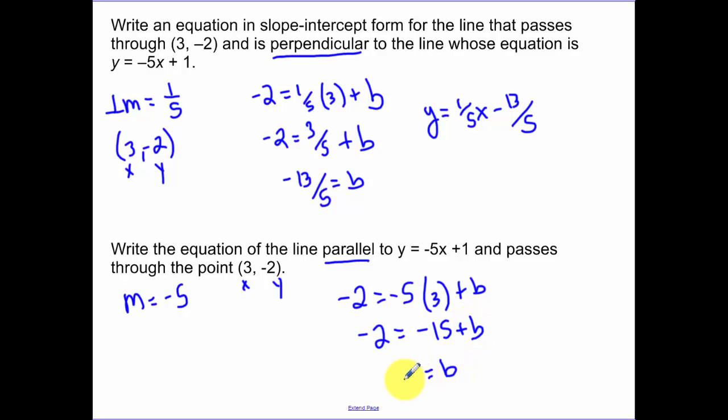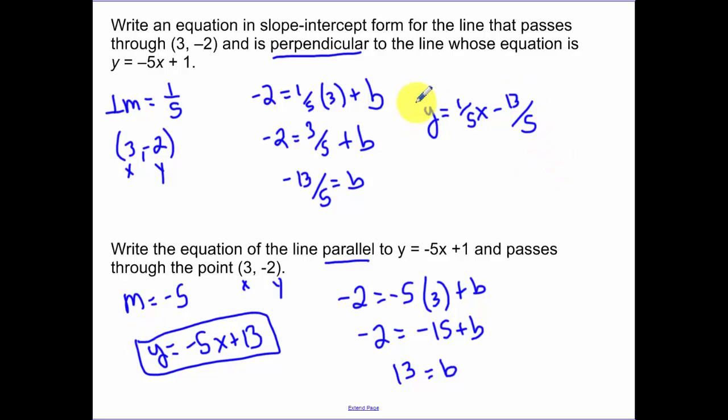Solving for b, we get a positive 13. So our equation is y equals -5x plus 13. Notice how obviously parallel and perpendicular lines are not the same thing.